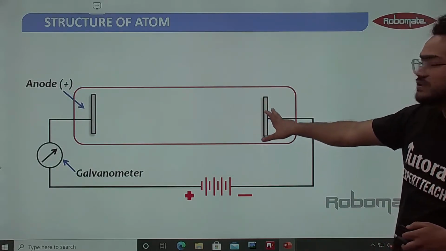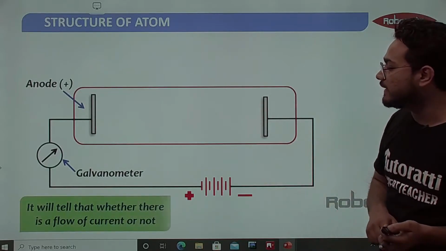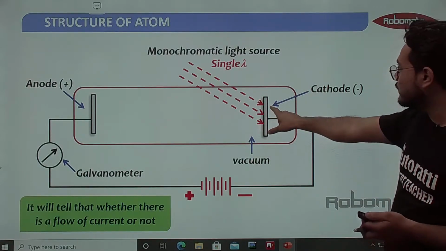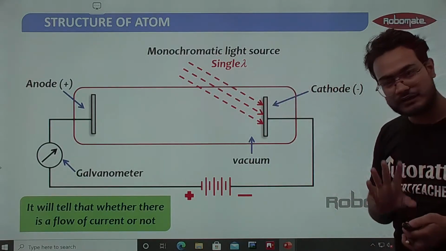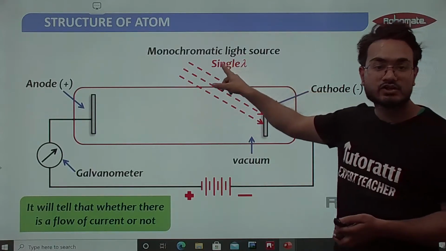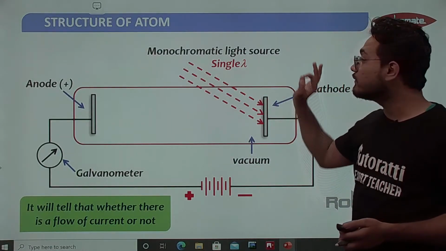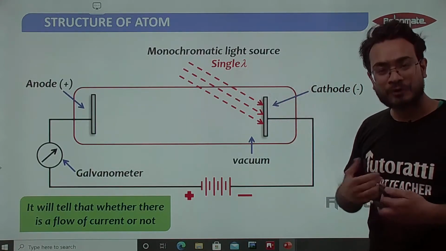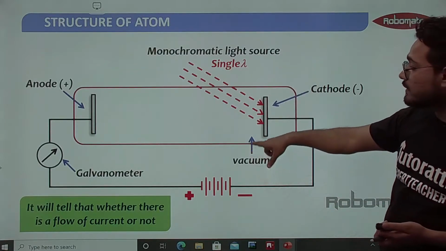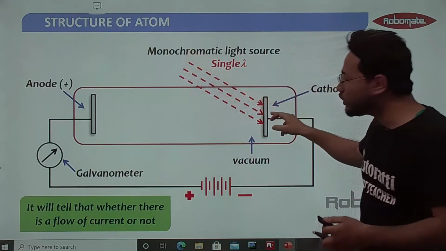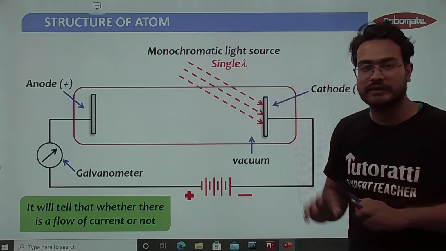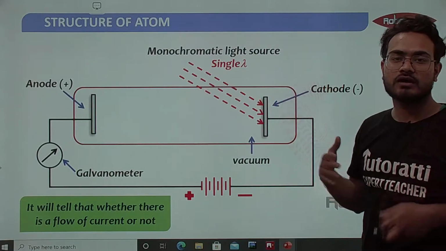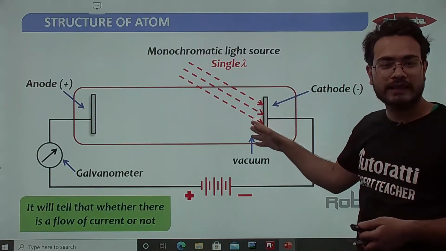This is the cathode, which is actually the metal on which we will incident the radiation. Why are we using the monochromatic light source? Because we want only one lambda, that is only one wavelength of light. Such light will be called monochromatic light. Whenever the light strikes the metal, an electron will be ejected, because we have freed the electron. We are the savior of electron.